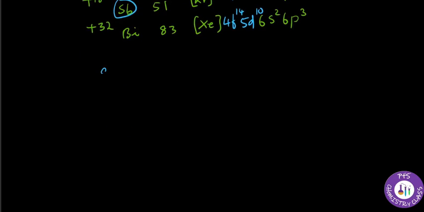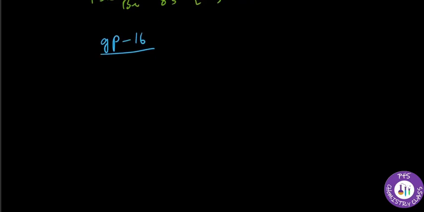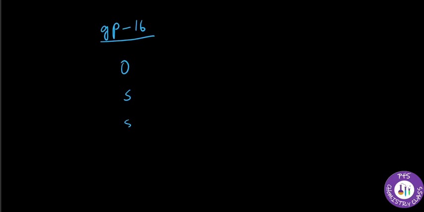Group 16, we will see group 16. So group 16 is oxygen, sulfur, selenium, tellurium, polonium.